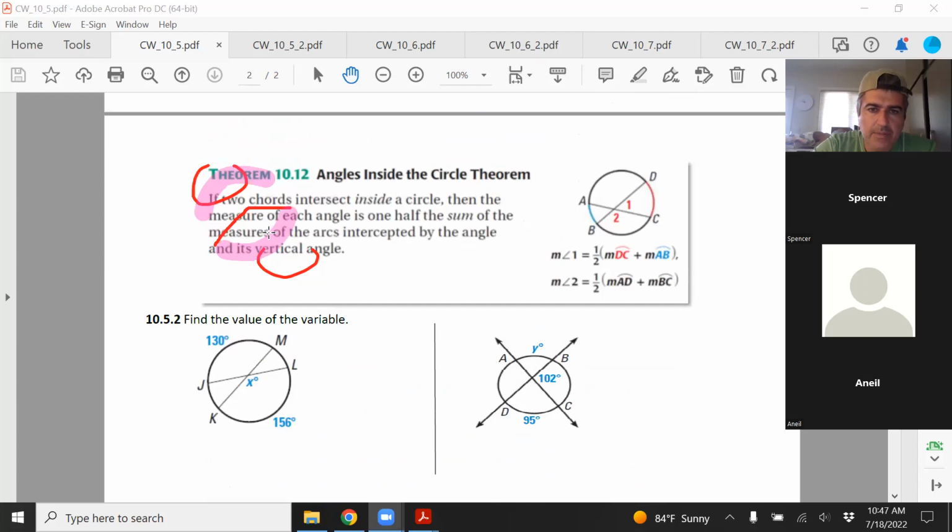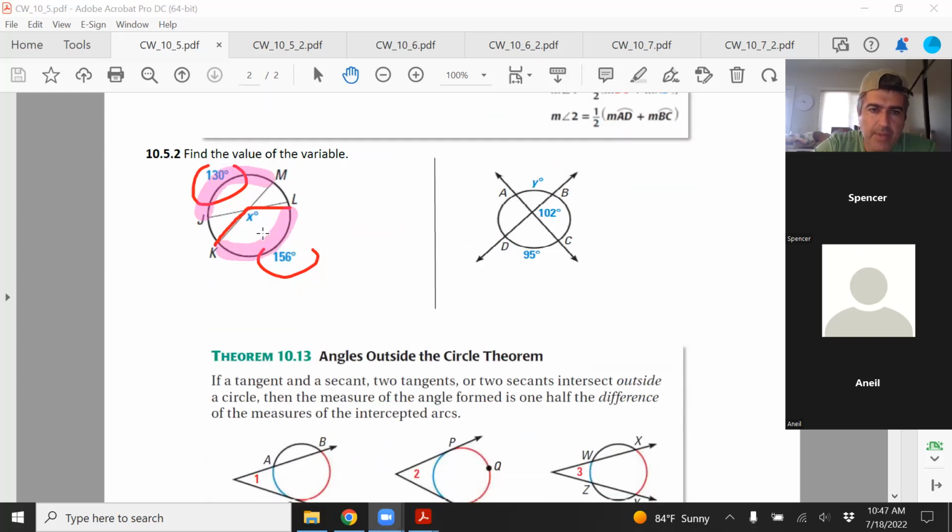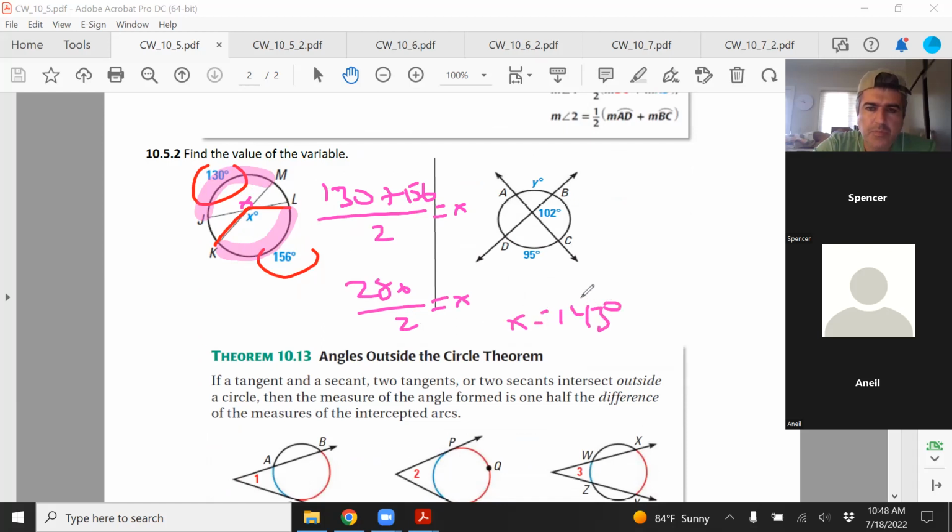So the angle is a vertical angle, because the vertical angle is obviously right here, that's also X. So if I were to add those up and divide by 2, that's what X is going to equal. That's 286 divided by 2. You should get 143. Okay, go and figure out what you think Y will be.